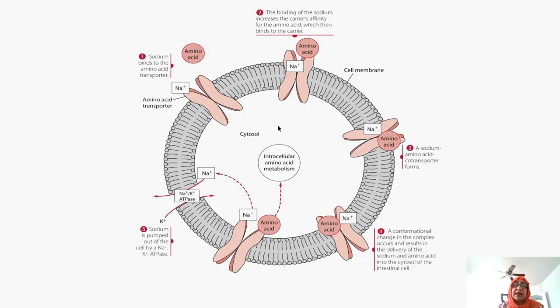If it needs an enzyme, it can use those amino acids to make the enzyme. If it would like to make any kind of neurotransmitter or any molecule that requires this nitrogen, then it will use that amino acid to synthesize it. But the sodium has to leave back through the sodium-potassium channel and wait for another amino acid to help it go inside the cell. So now the story is completed.